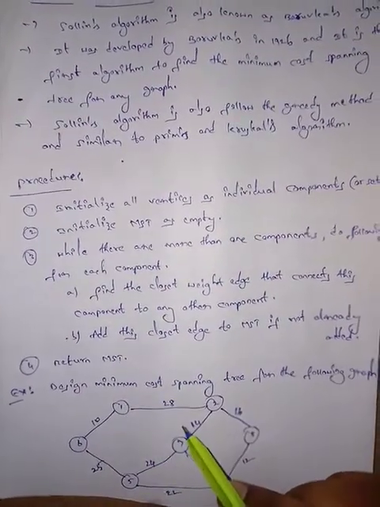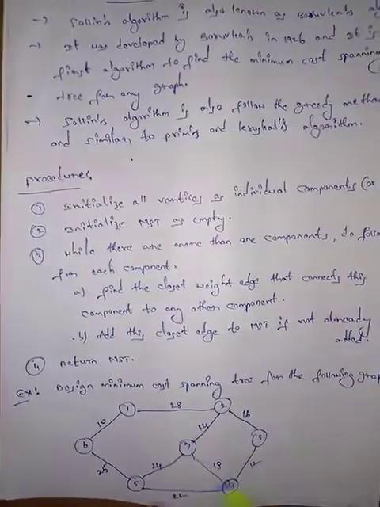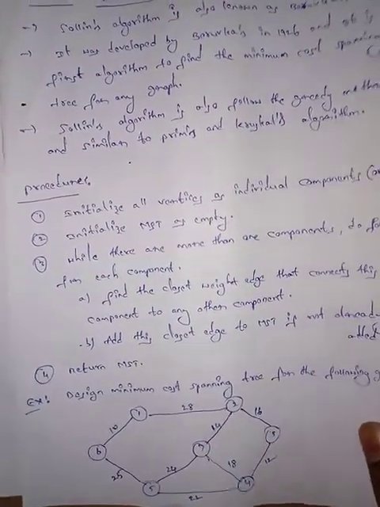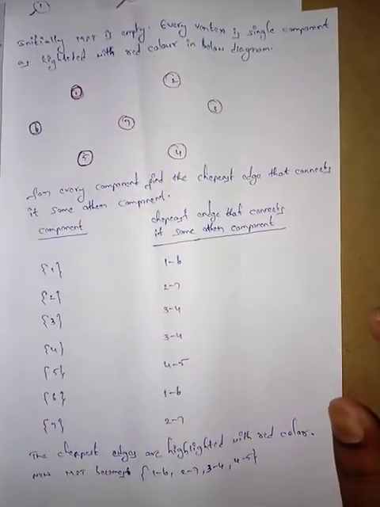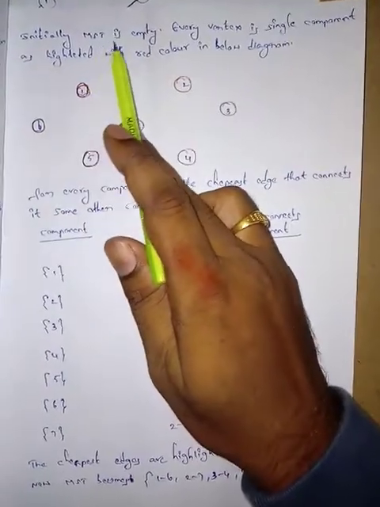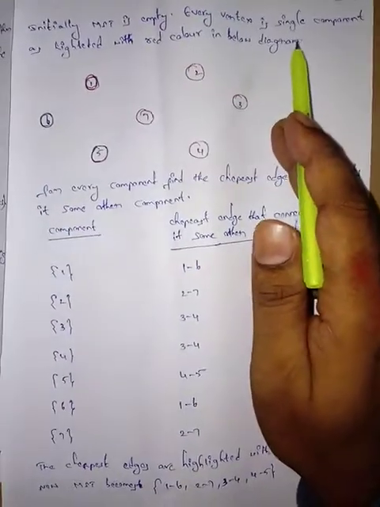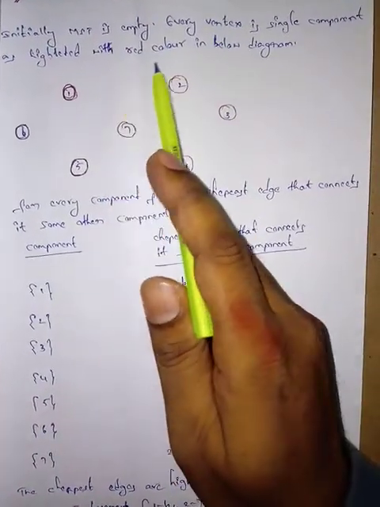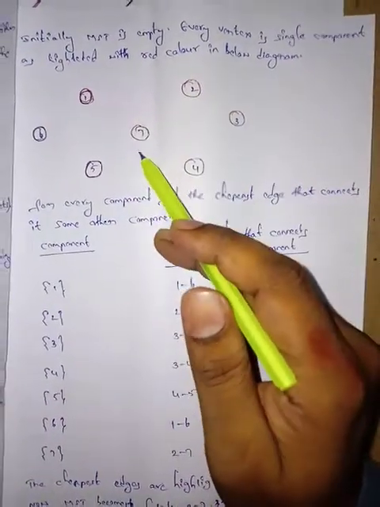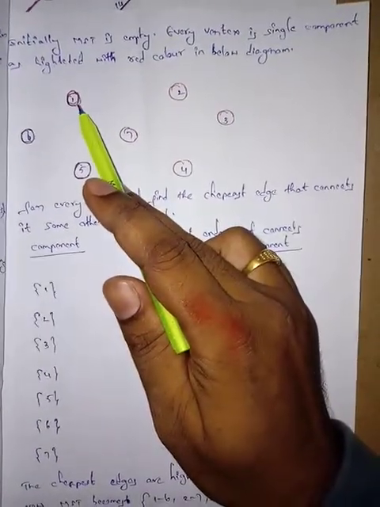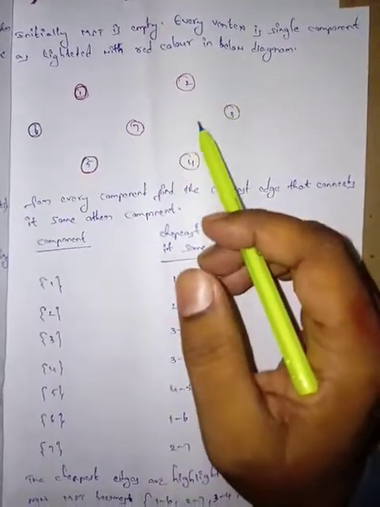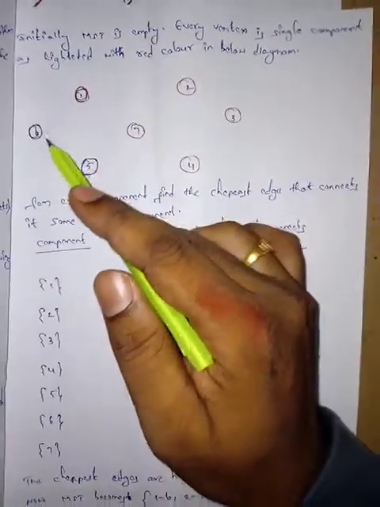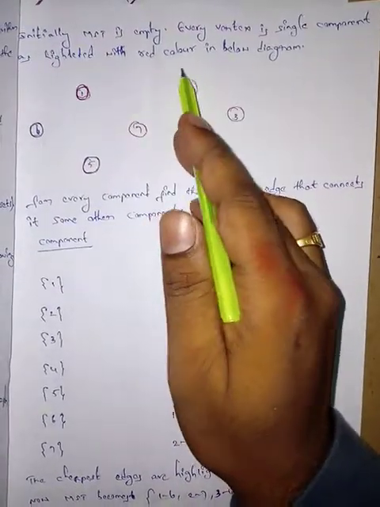With this example, I am explaining the above procedure. Initially, MST is empty. Every vertex is treated as a single component, as highlighted with red color in the diagram below.